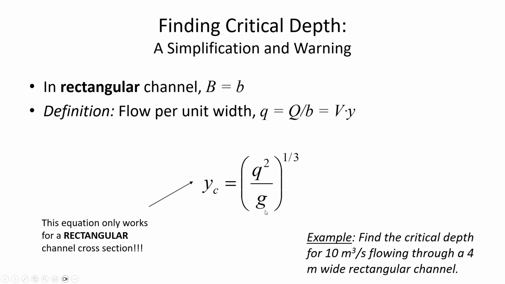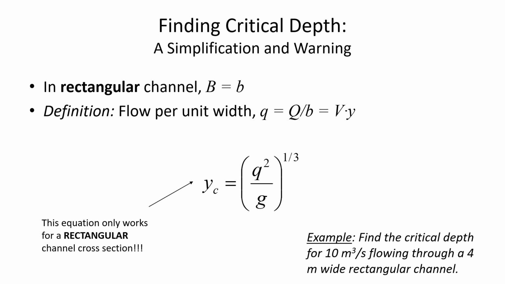So how would we use this to find the critical depth here? y sub c is lowercase q squared divided by g to the 1/3 power. The lowercase q is 2.5 meters squared per second, and we square that, divided by 9.81 meters per second squared, to the 1/3 power.